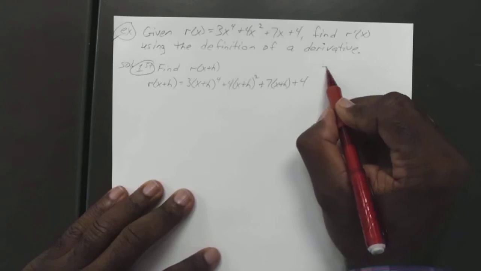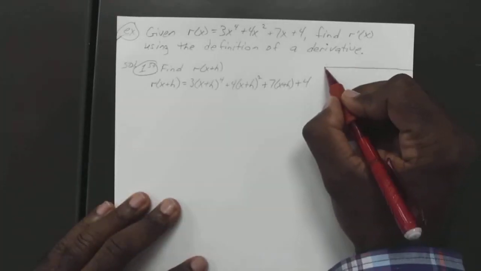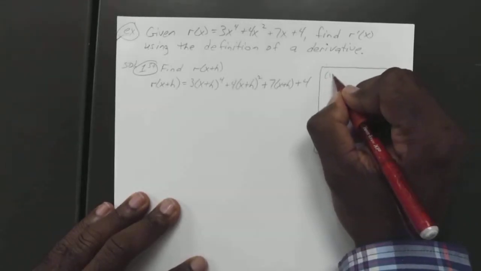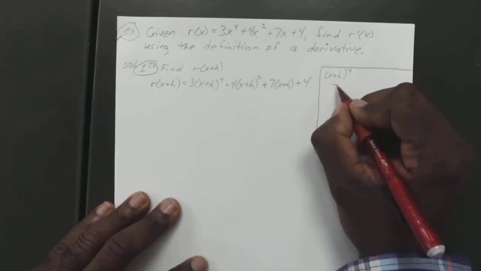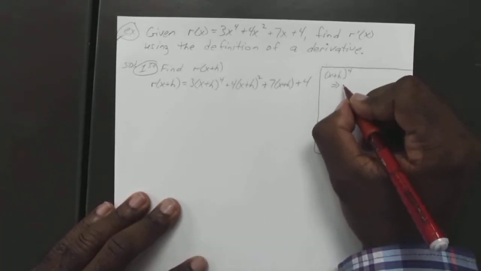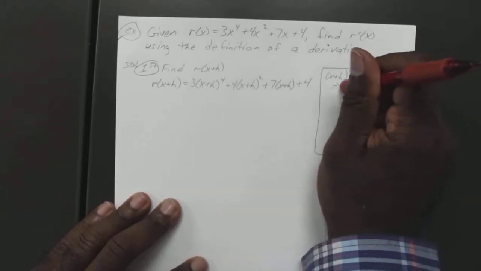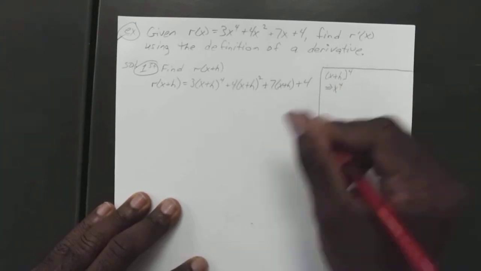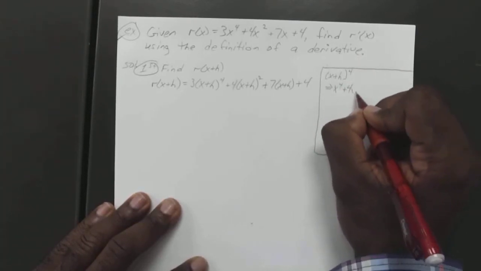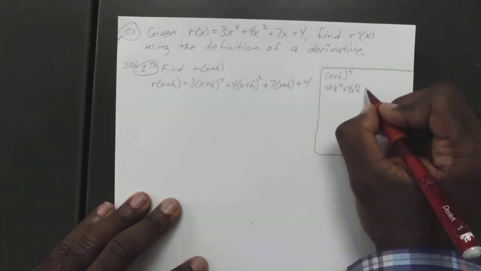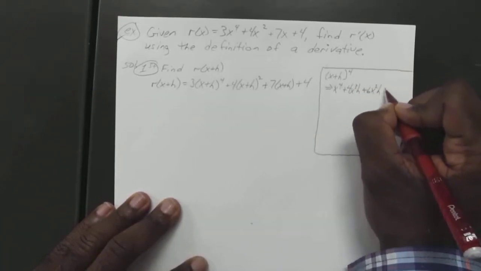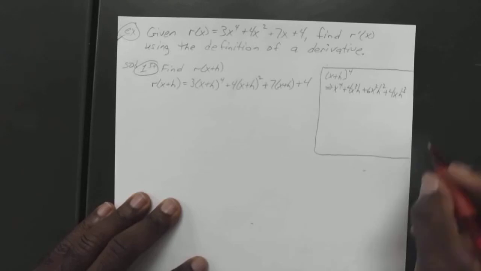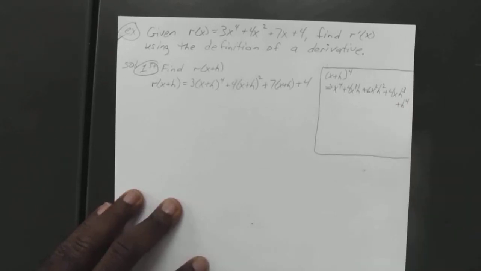Okay, so just to avoid confusion, we know that our x plus h to the fourth is going to equal x to the fourth plus 4x to the third h plus 6x squared h squared plus 4x h to the third plus h to the fourth.